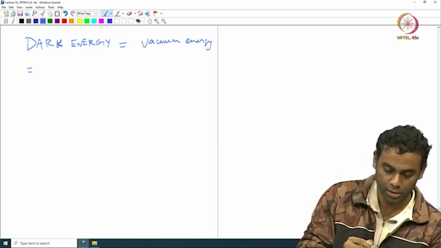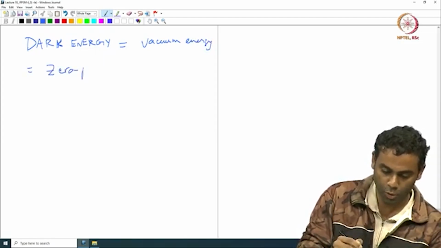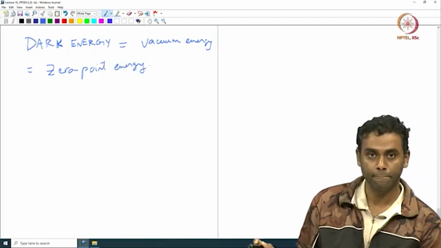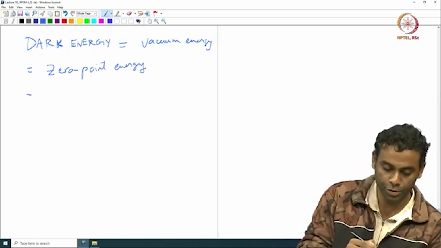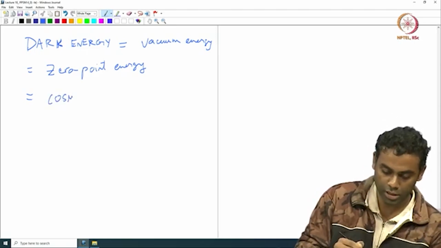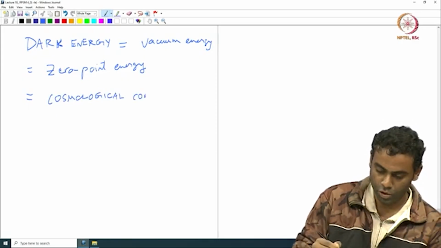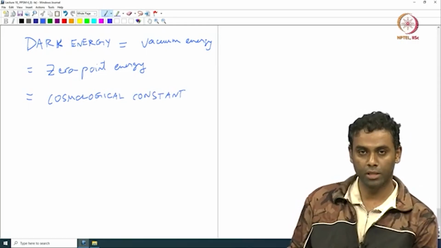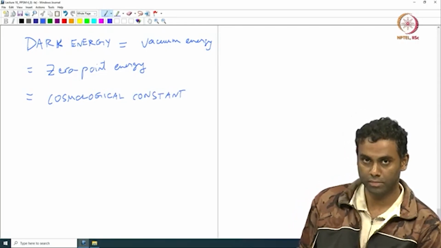In turn, the zero point energy, and sometimes we also use the word cosmological constant. You must have heard this word before, in the context of GR.